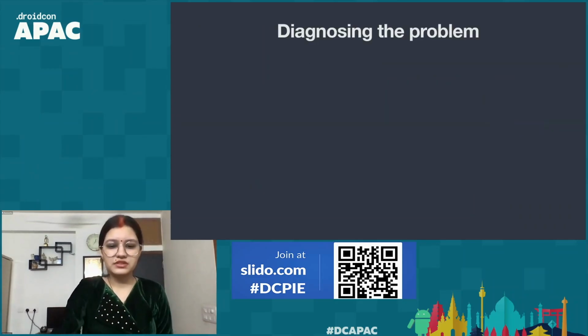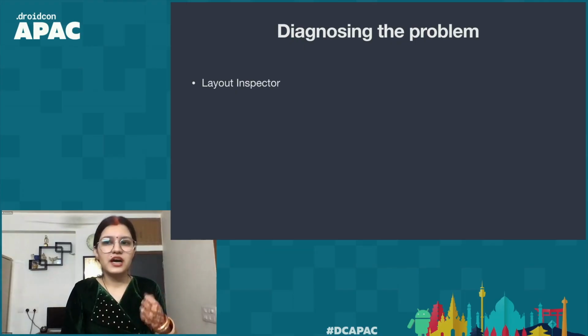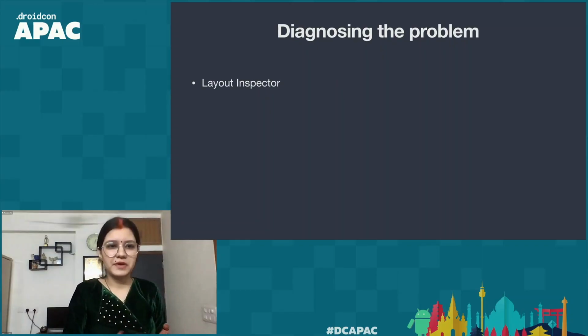For diagnosing the problem, Android Studio comes bundled with a lot of amazing tools that can really help you pick out those layouts which are causing this janky behavior. Let's see them one by one. The first one is Layout Inspector.